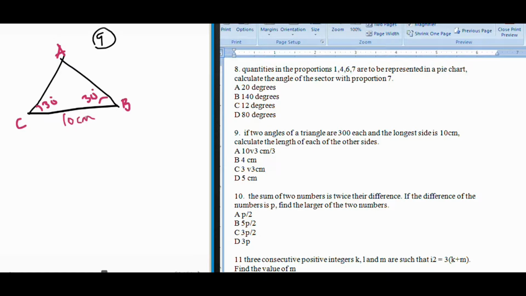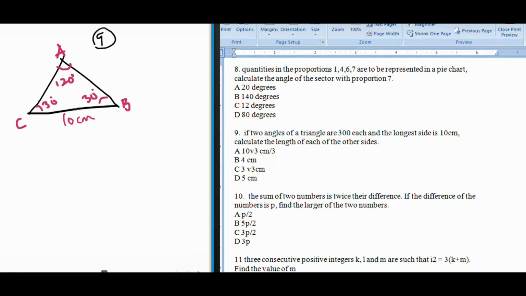Then we can find the last angle, which is angle A, and that will be equal to 180 minus 60 degrees, which is 120 degrees.